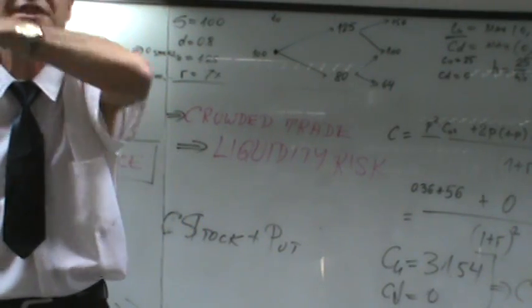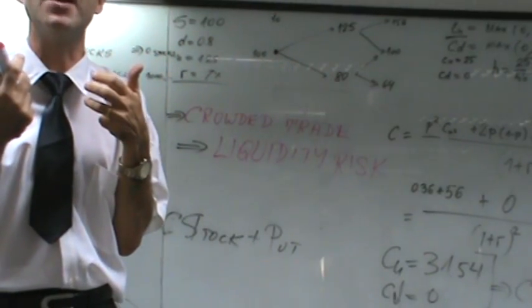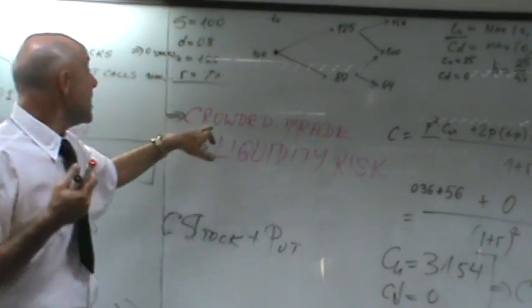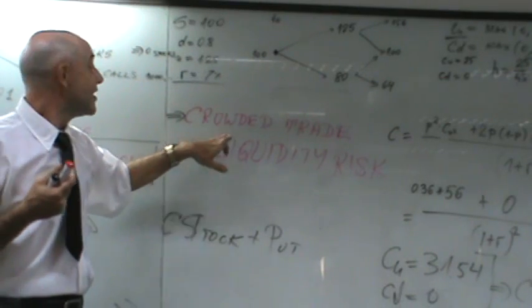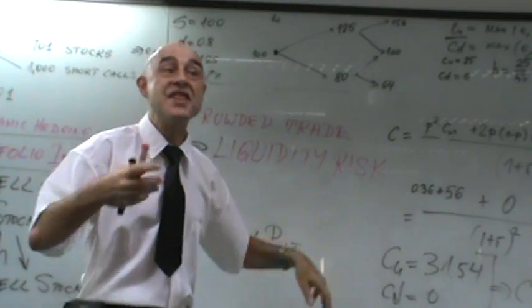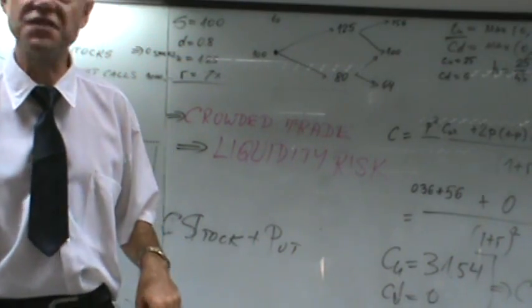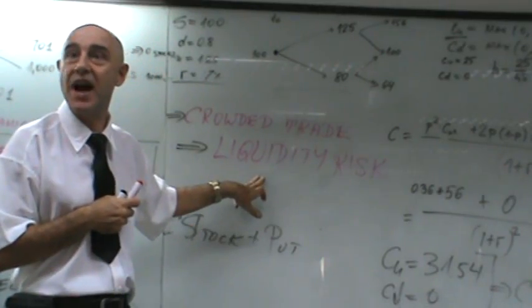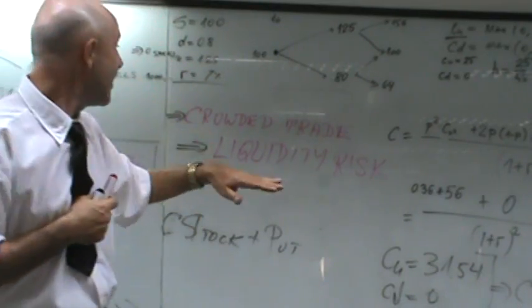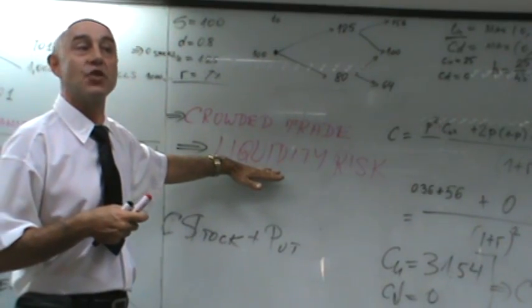And if everybody tries to sell the stock, there's nobody on the other side buying. So, in a crowded trade, you got an extraordinary liquidity risk. And the more people try to protect themselves on the downside, the more exponentially the liquidity risk rises.